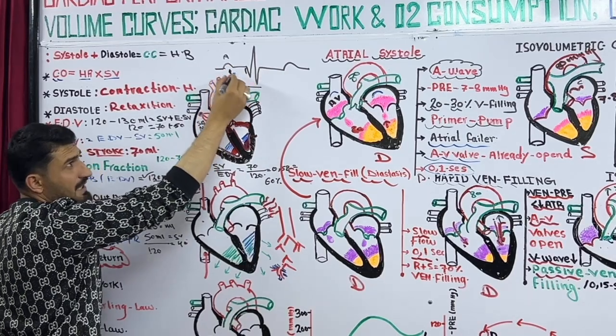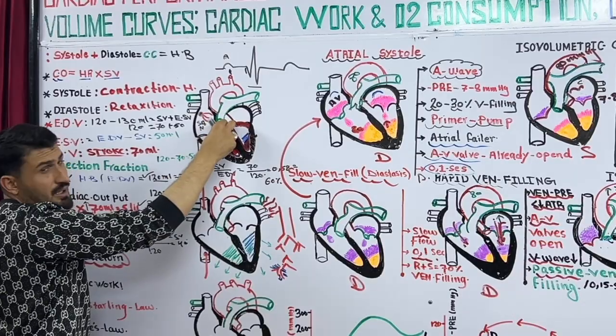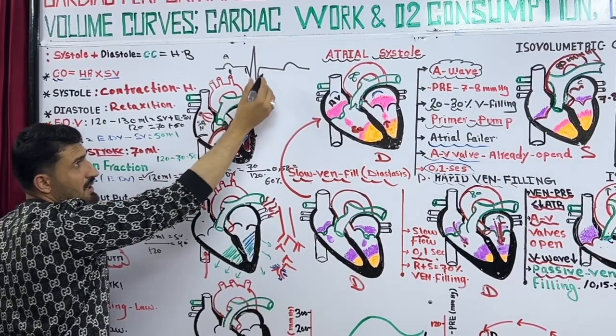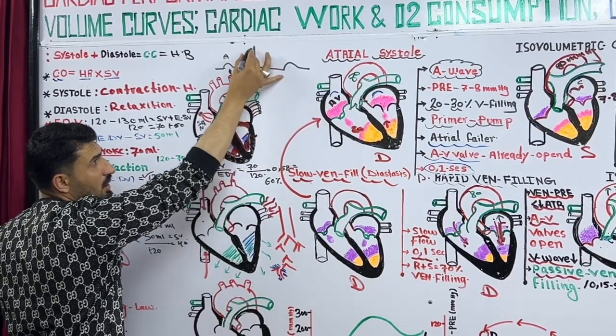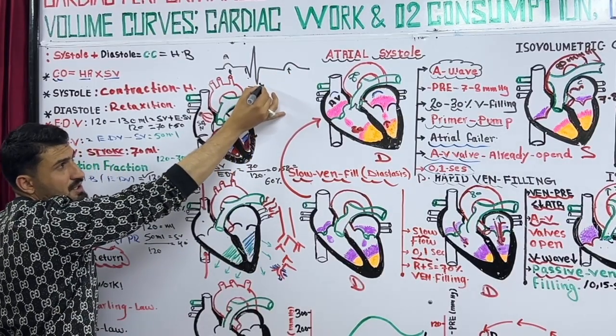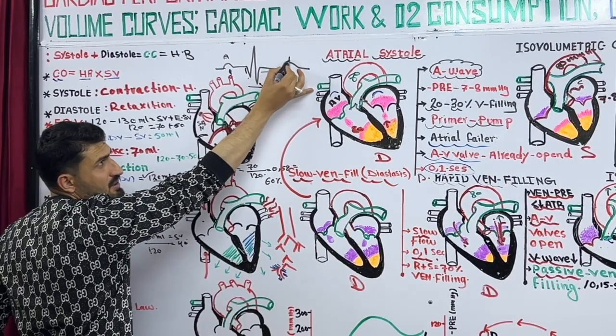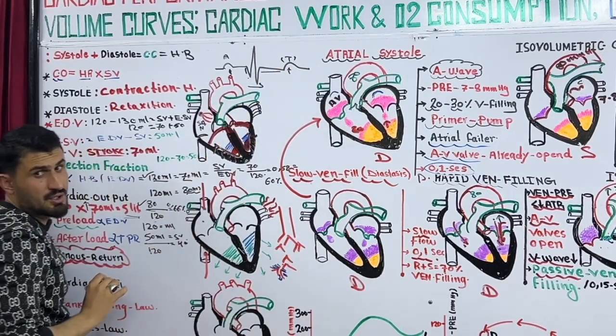This PR segment, this is P, this is R, is due to AV node depolarization. This ST segment is due to the plateau phase, and this T wave is due to ventricular repolarization.